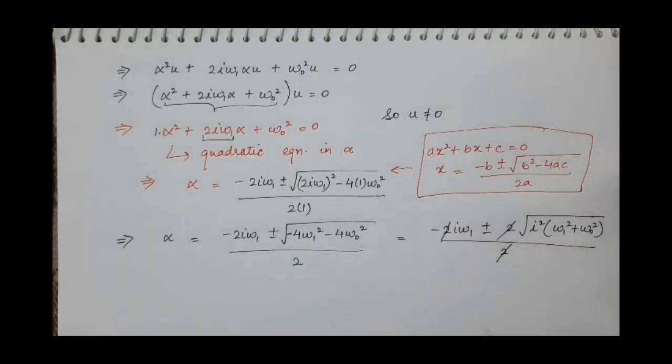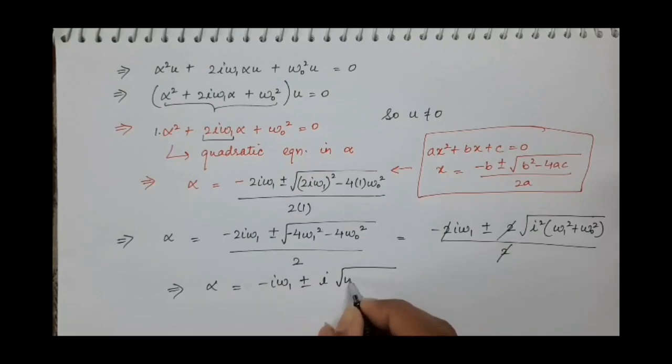This 2 will be cancelled out. How? You will take this 2 common from here, then that 2 will be cancelled out by this 2. Now take this iota square from this square root, it will become iota, and the value of alpha will be minus iota omega 1 plus minus iota root omega 1 square plus omega naught square.